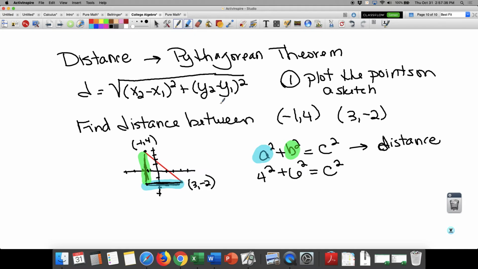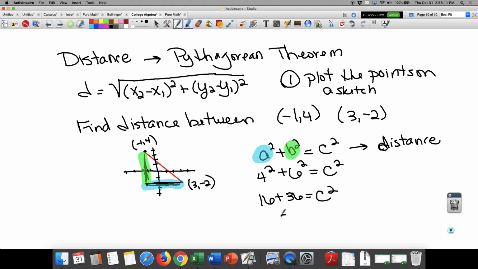Now that's -6, but you're going to be squaring it, so everything's going to turn out positive anyway. Or 4 minus -2. But your distance is never negative. You may go in a negative direction, but your length or your distance is never negative. So even if you went -2 minus 4 and got -6, it's still a length of 6. So we're going to say 4 squared, which is 16, plus 6 squared, which is 36.